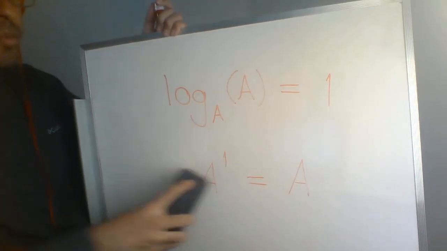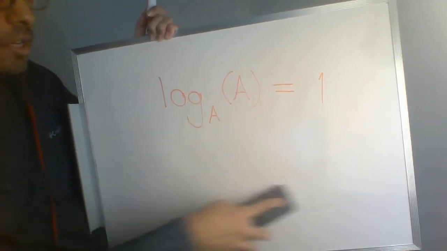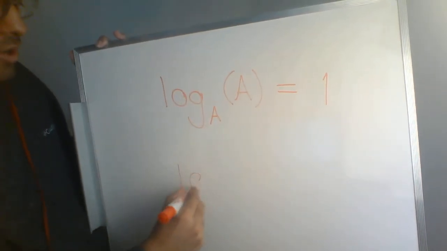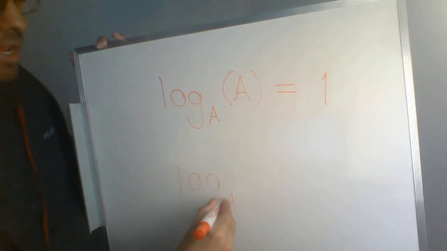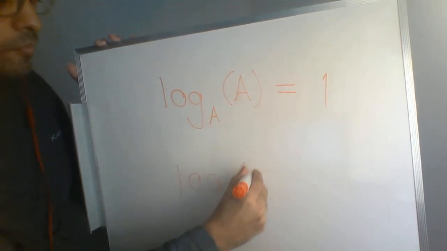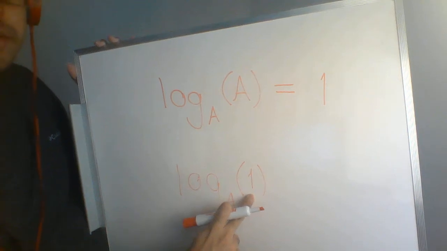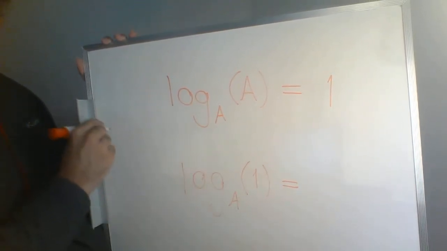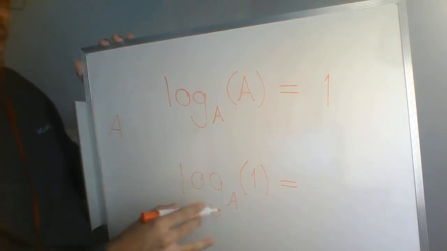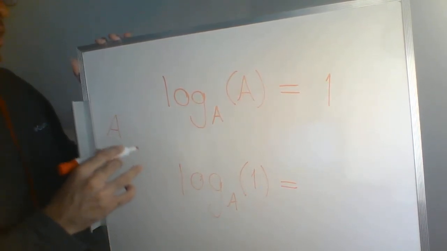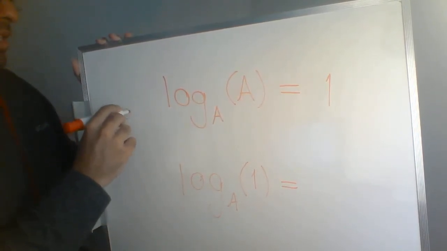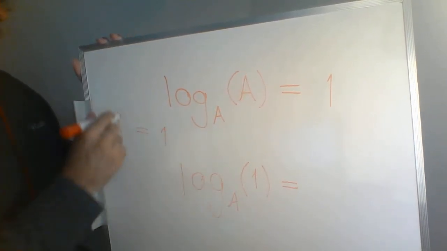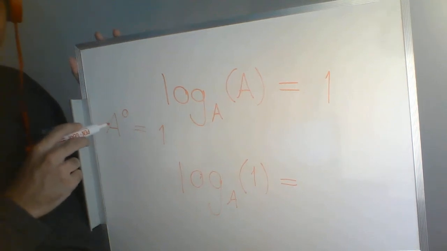And the other property that we saw last time out was that if you have logarithm base a, so any number, with an argument of 1 inside, then what you're asking here is what exponent do I have to raise any number a to get to an answer of 1. And so that answer there is 0.